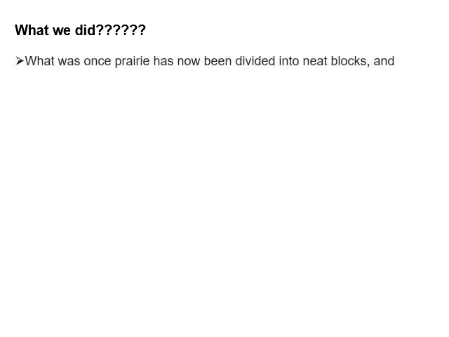Now, you may say, how can you be sure that it's our activity, humankind activity? Let me tell you what we did. What was once prairie has now been divided into neat blocks.